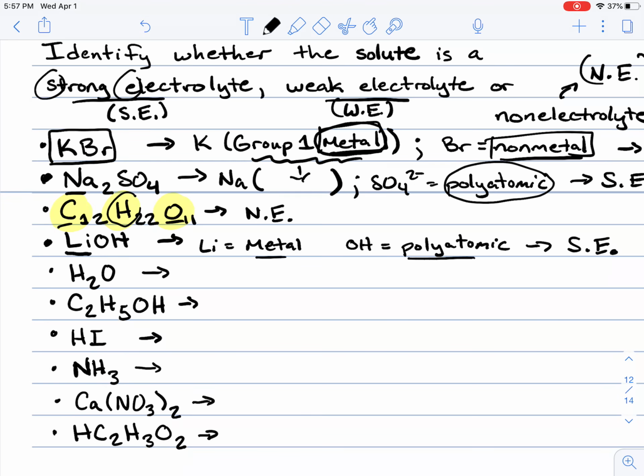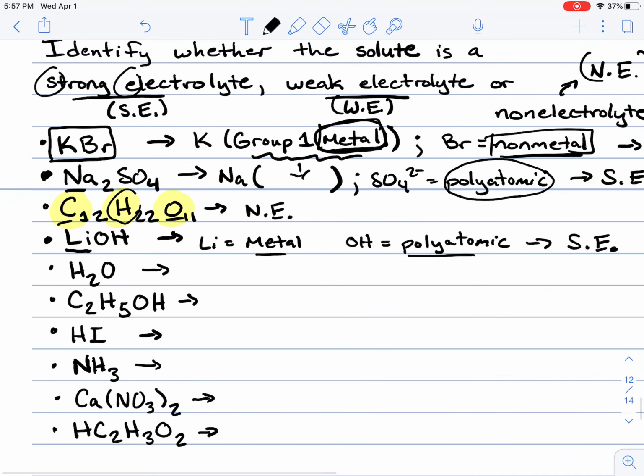Okay, so hopefully you guys are understanding my train of thought, the logic. So let's go through the rest of the examples. Here we have H2O, so that's water. If we look at the two elements present in this molecule, they're both nonmetals.